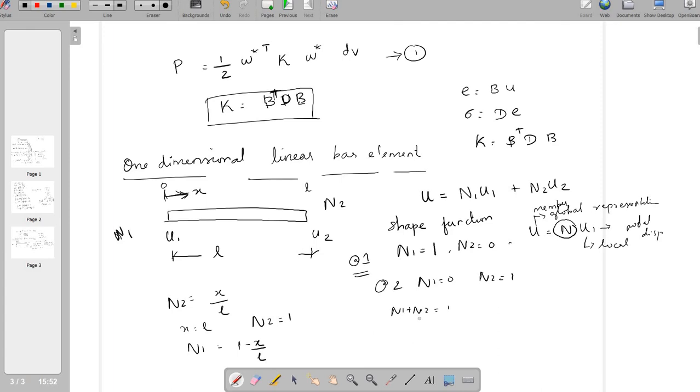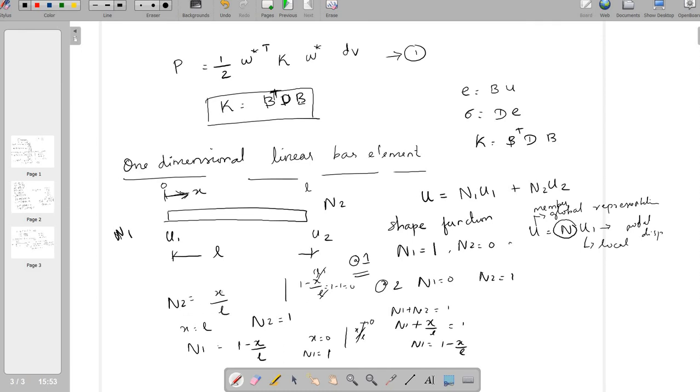So N2 is equal to x by L, and N1 is automatically 1 minus x by L. If you put x equal to 0 in N1, definitely N1 equals 1. If you put x equal to 0 in the second equation, x by L, that is 0. Similarly, in the first, if you put x equal to L in 1 minus x by L, L is cancelled, so 1 minus 1 is equal to 0.